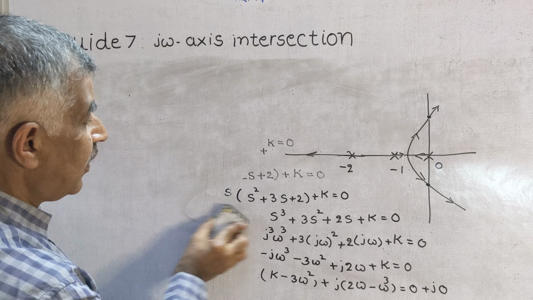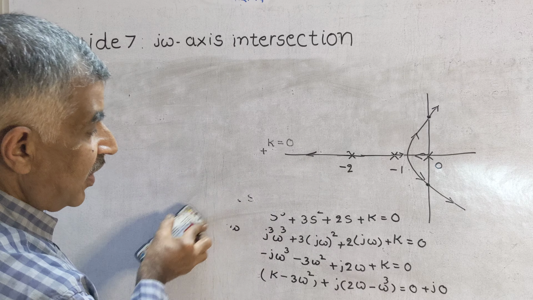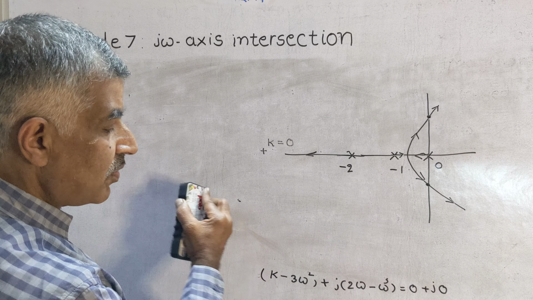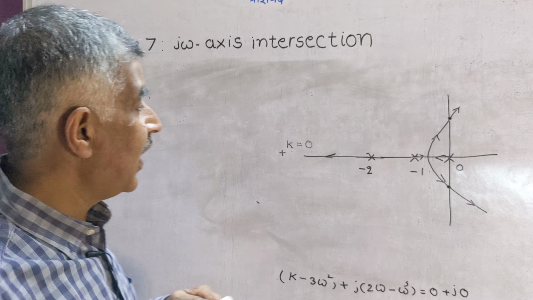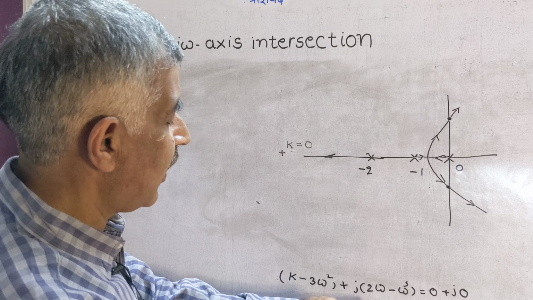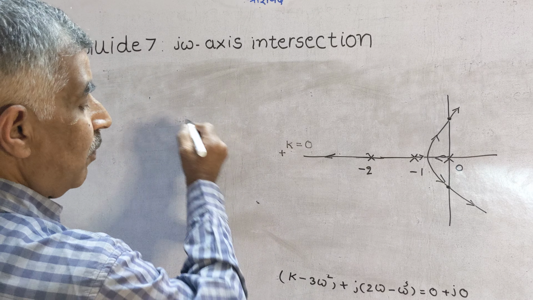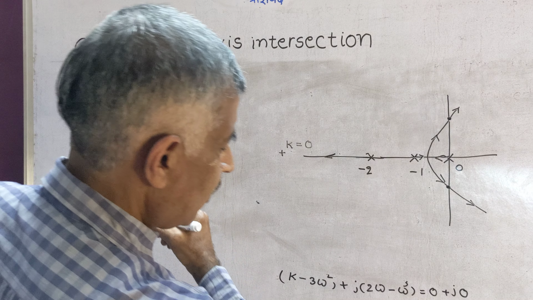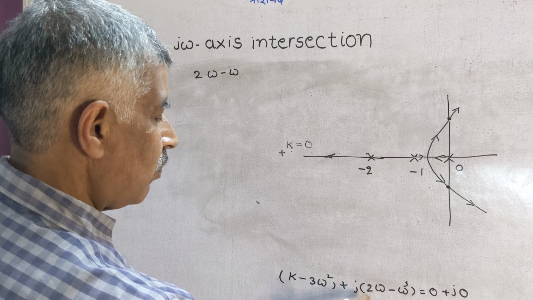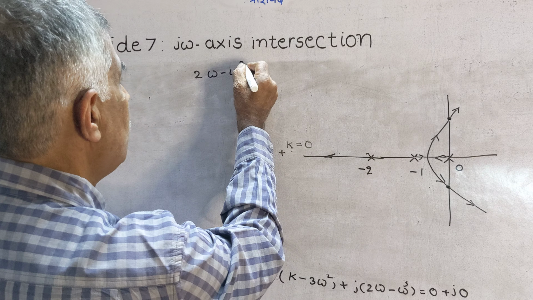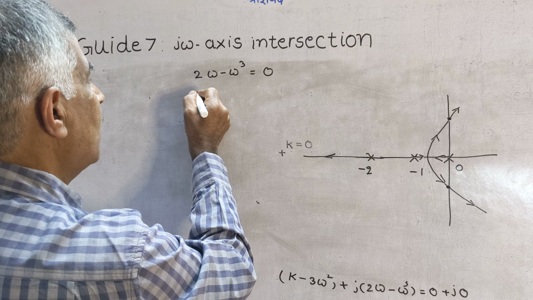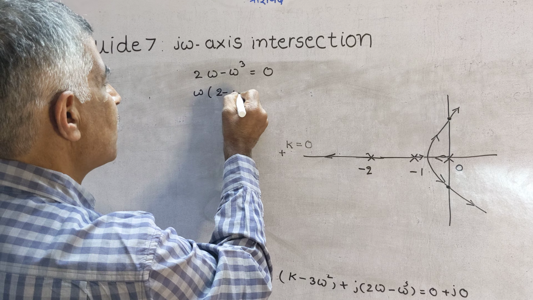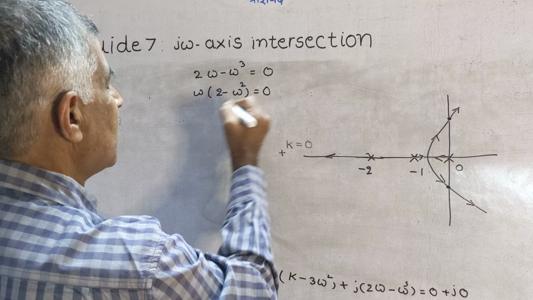Now equate real part and imaginary part to 0. First equate imaginary part to 0. 2 omega minus omega cube equal to 0, or omega into (2 minus omega square) equal to 0.